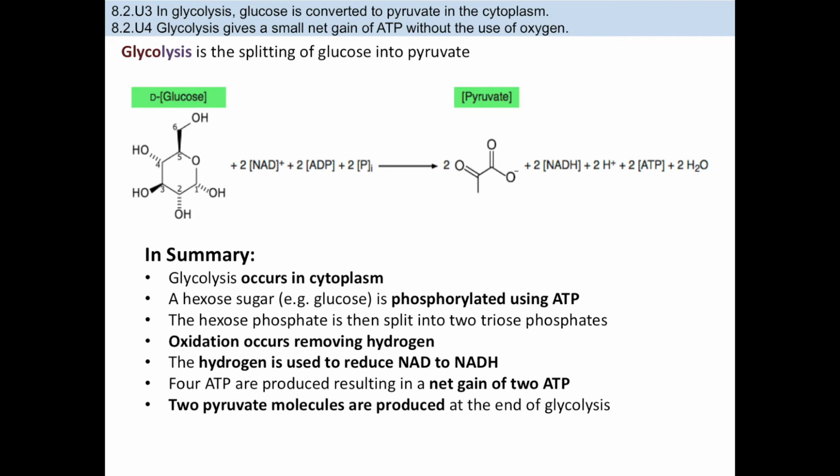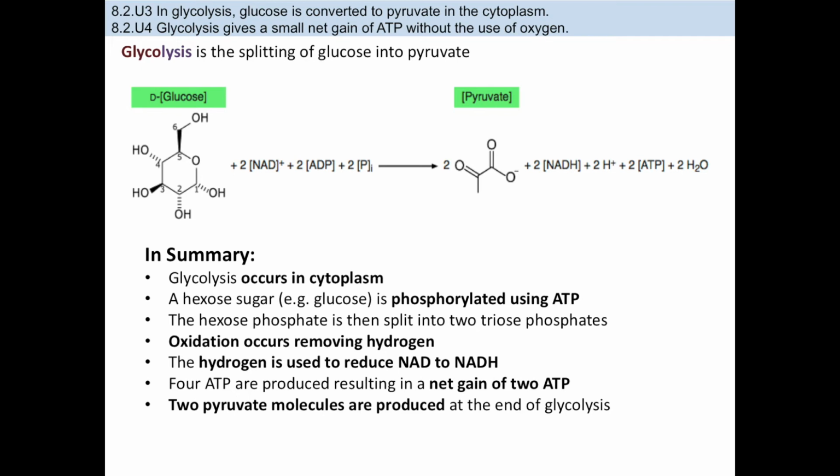Next, how many ATPs are formed? 4 ATPs are formed. Please add substrate level phosphorylation. And then final product is 2 pyruvate. That's the summary of glycolysis.